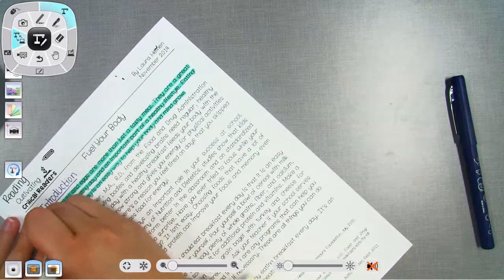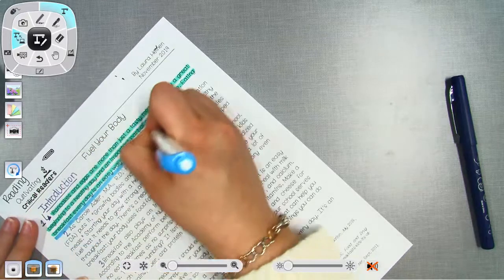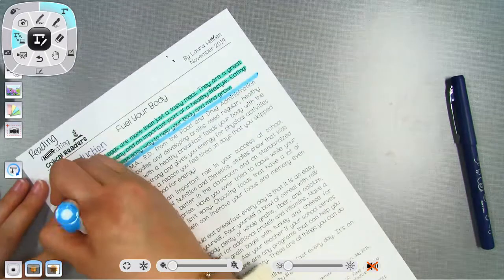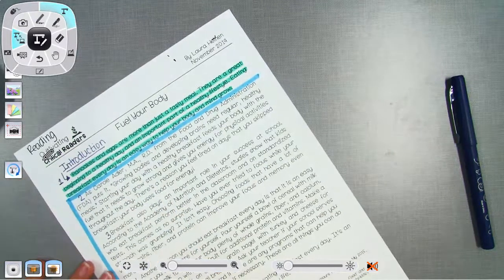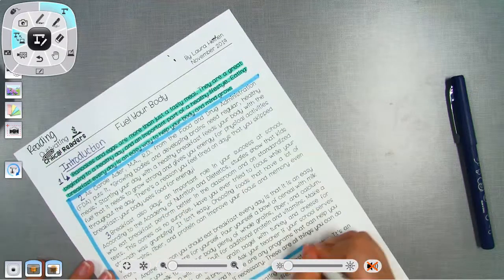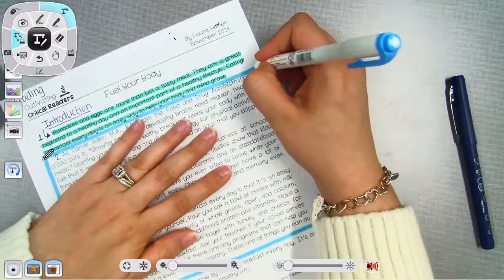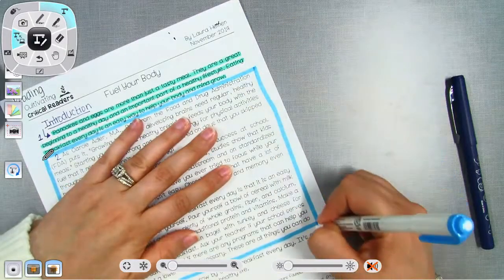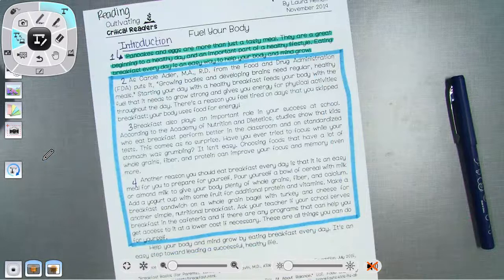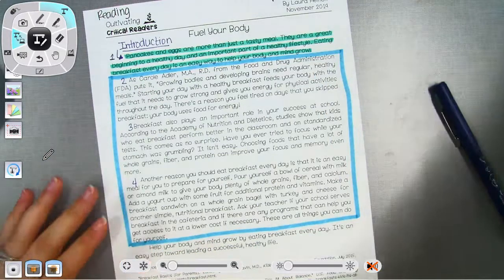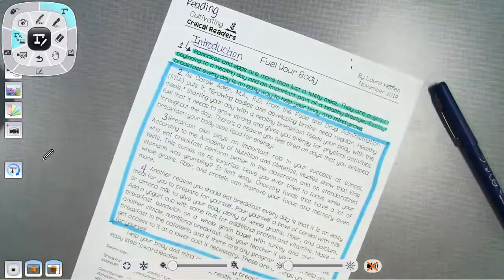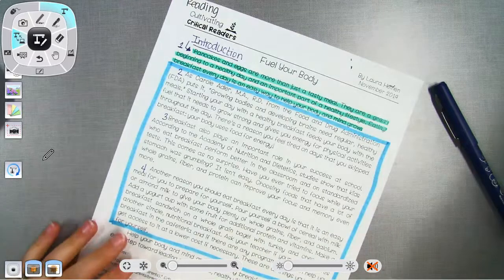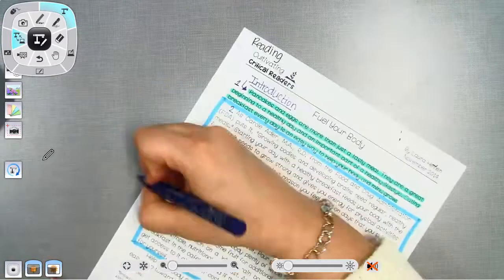What I'm going to do is just put a box around the body. So this is the body. And I want you to take your pencil and right here, I'm going to write the word body.